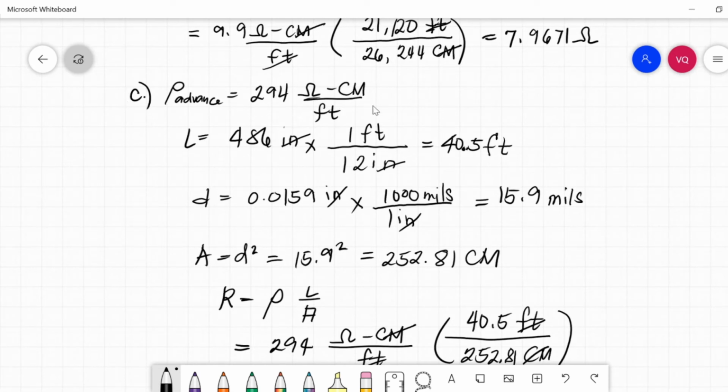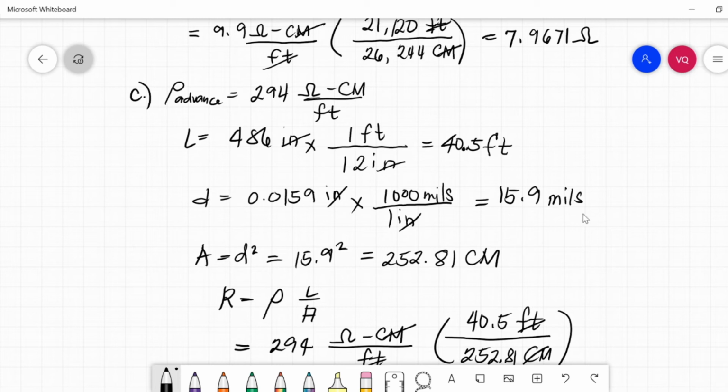294 ohm circular mil per foot. The length is expressed in inch, and we will convert this into feet. So we have 40.5 feet. The diameter is expressed in inch, so we will convert inch to mils, and 1 inch is 1,000 mils. The diameter of the conductor now will be 15.9 mils.